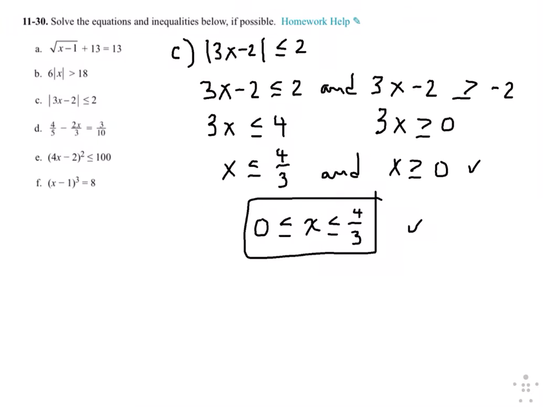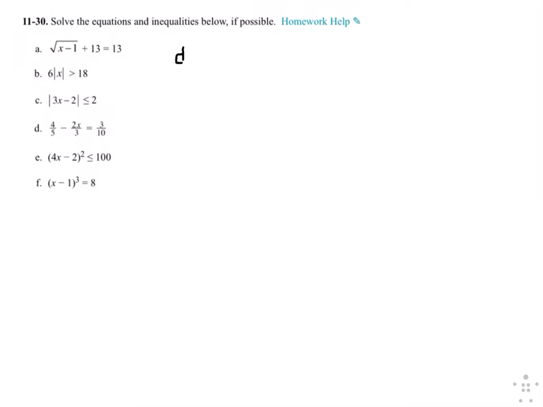Okay, for D, we have fractions. So 4/5 minus 2x over 3 equals 3 over 10. Let's eliminate our fractions. A common denominator for this one is 30.